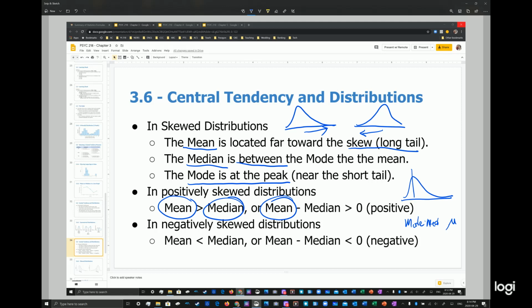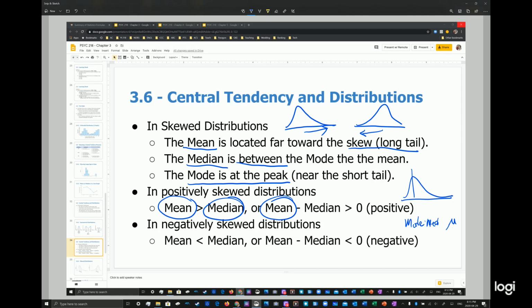So again, if you're trying to think about this, a good first step is to always remember where the mean moves. Positive skew would move the mean to the right. And then all the other measures are going to be lower than that. The mode is the lowest, and the median is going to be in between, the middle of them.